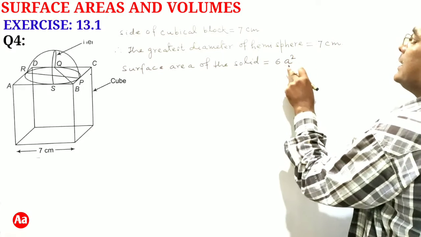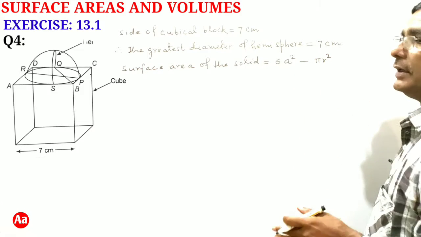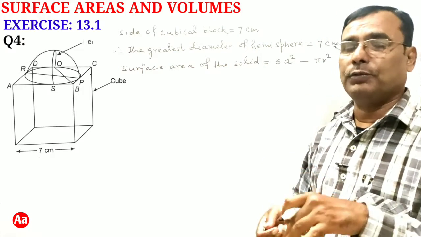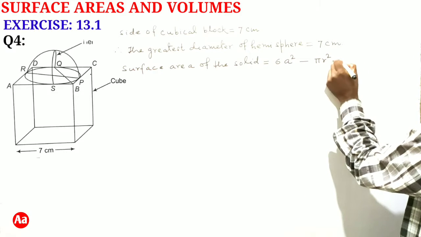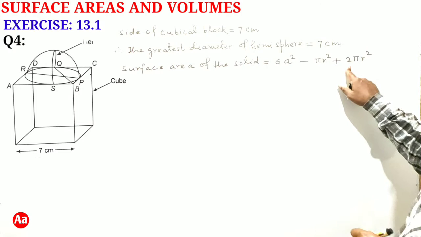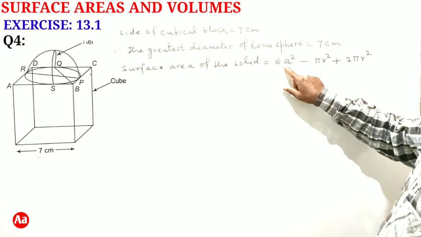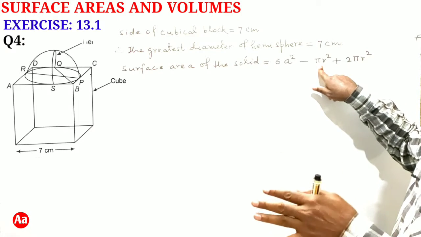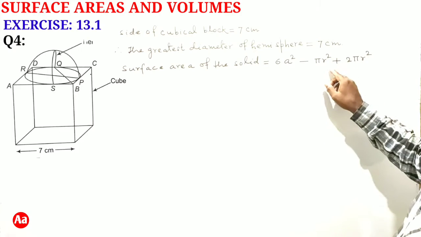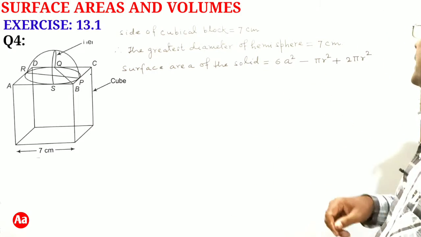The minus pi r square is because it has been covered by the hemisphere, and the plus 2 pi r square is the curved surface area of the hemisphere created.